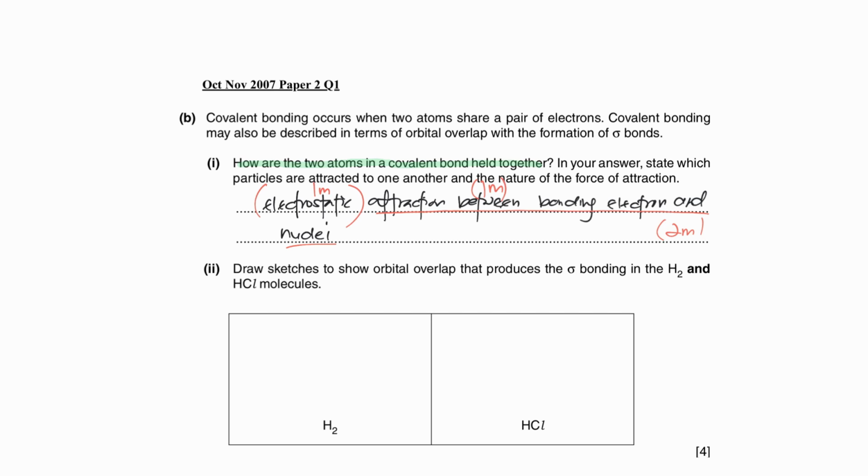So what happens here? We have head-to-head overlapping for the two s orbitals between two hydrogen atoms, and these are the nuclei, and this is the overlapping. For HCl, we will have the s orbital from the H atom and the p orbital from the chlorine atom. These are the nuclei, and this is the overlapping of orbitals between them.